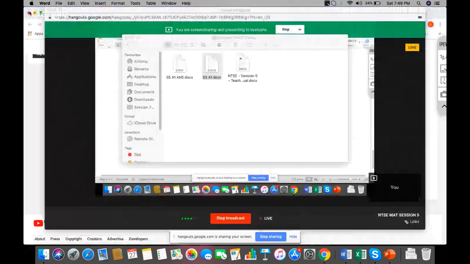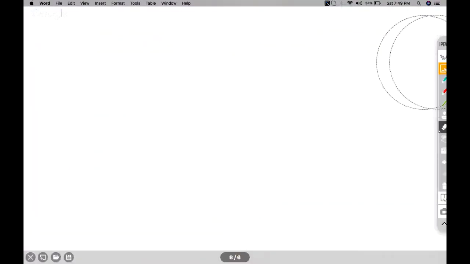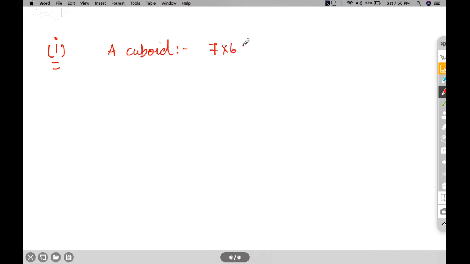Now what I do is I give you a homework. Write down your homework. There is only one question for homework, or let's say two questions. A cuboid of side 7 into 6 into 5, painted all sides, all 6 surfaces.